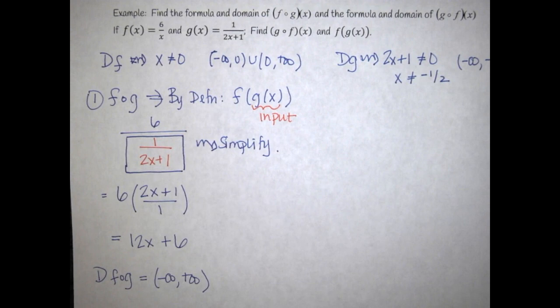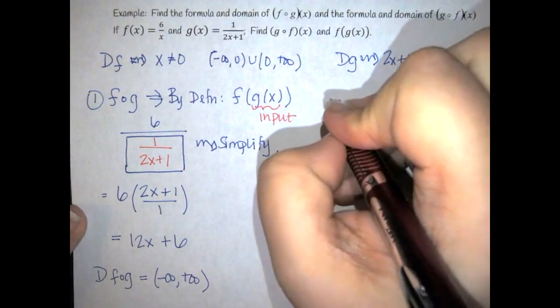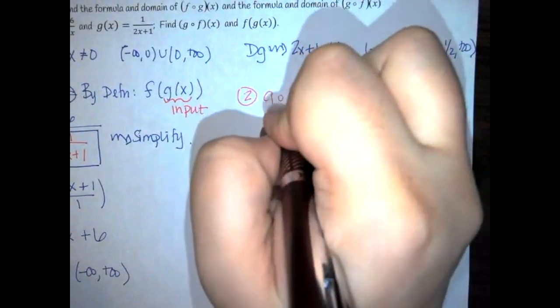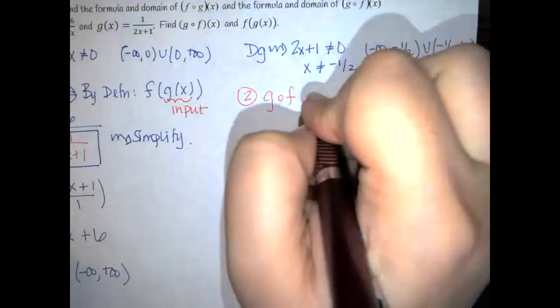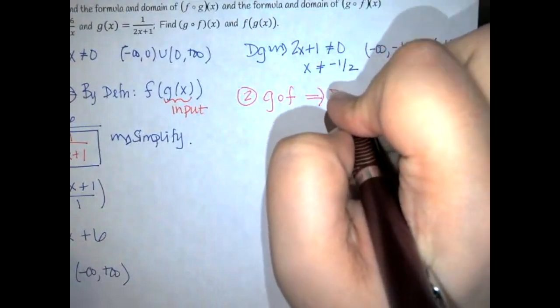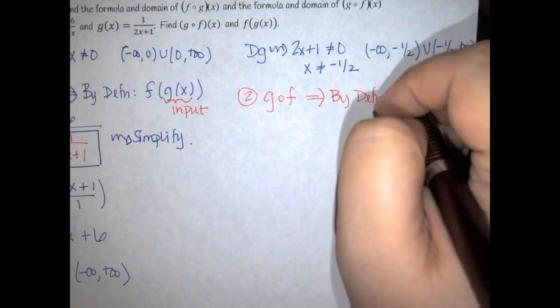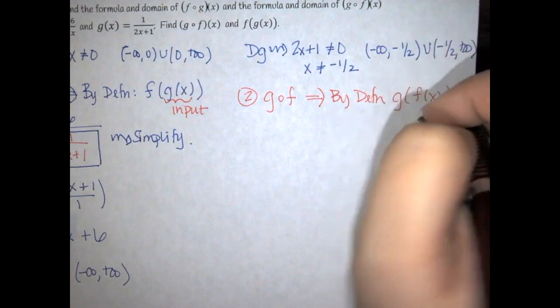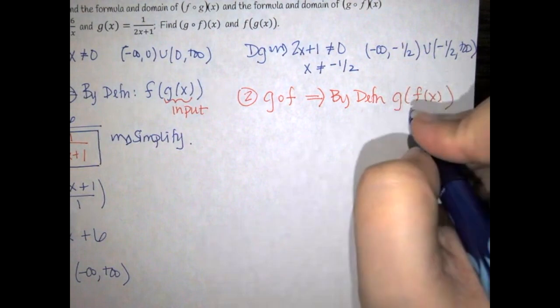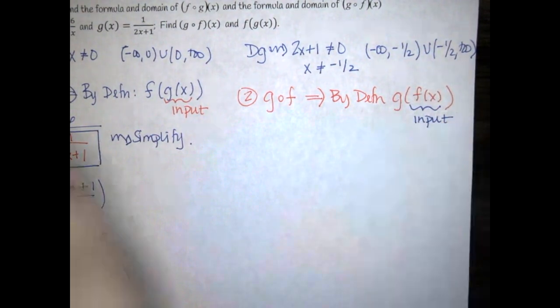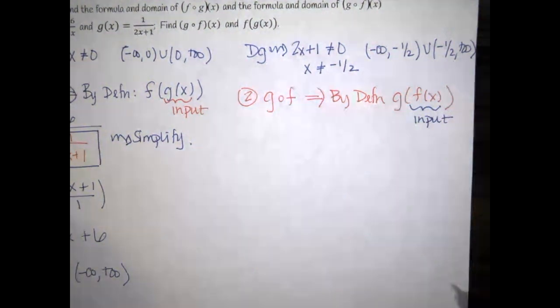Now, the other one's going to be a little bit different. So the second thing that we're going to look at here, make sure you can see it, is g of f. So again, by definition, this means we are doing g of f of x, which means in here is my input, the f of x part.